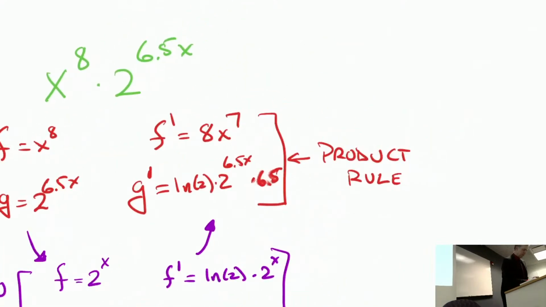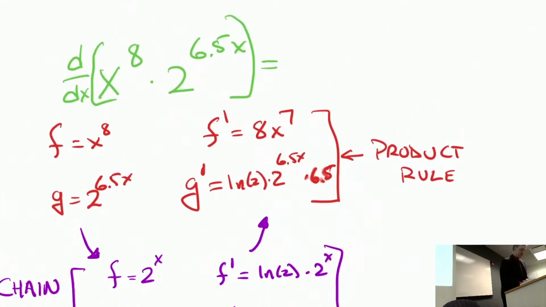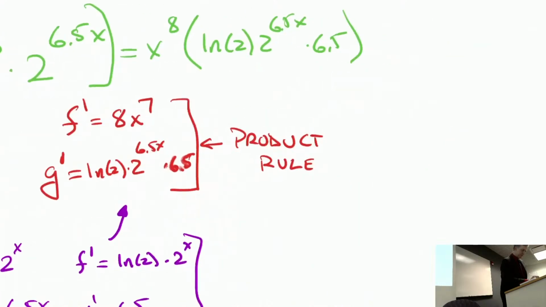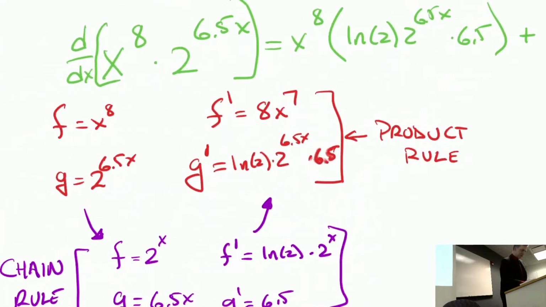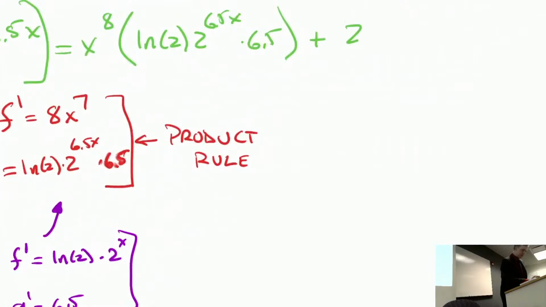Okay, now let's put it all together up here. Finally. So I'm doing the derivative of this stuff, and I'm using the product rule from the stuff in red. So first of all, x to the 8th times ln of 2, 2 to the 6.5x times 6.5, plus 2 to the 6.5x times 8x to the 7th.